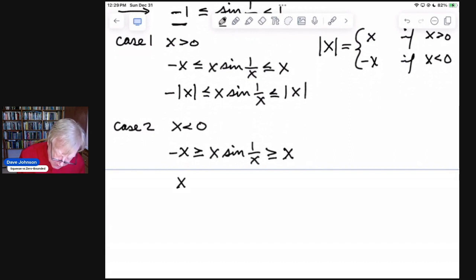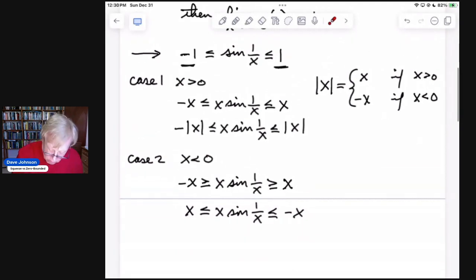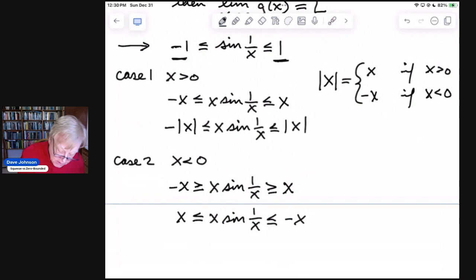So x less than or equal to x sine 1 over x, which doesn't change, and then less than or equal to the negative x. So this part came over here, and this part came over here when we changed the direction of the inequality. Okay. Now we're getting closer, but we still have to figure out how to get the absolute values in there.